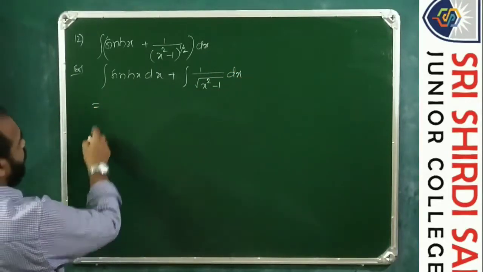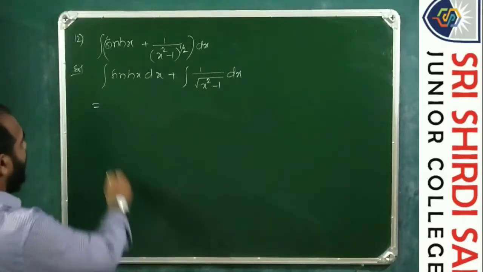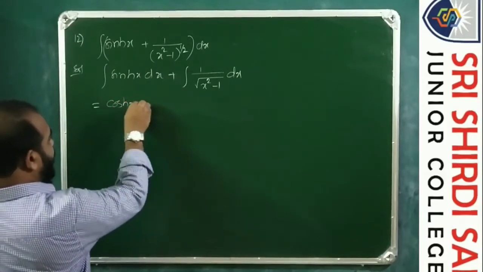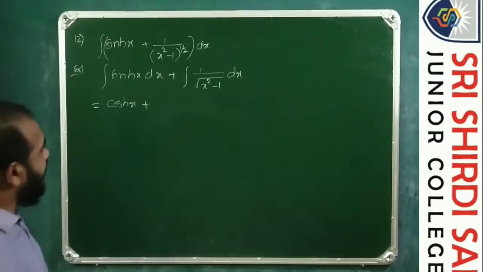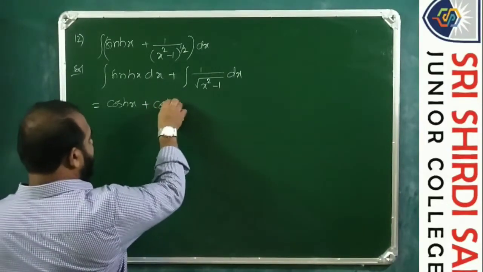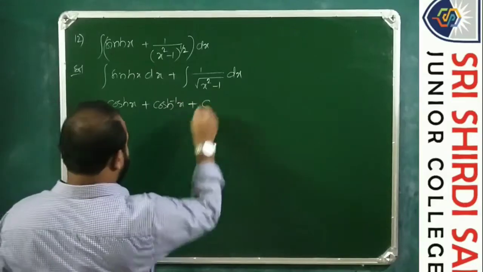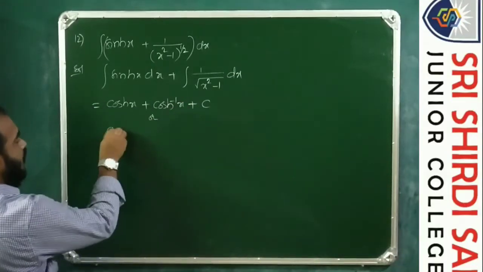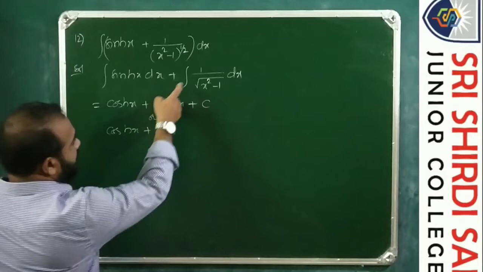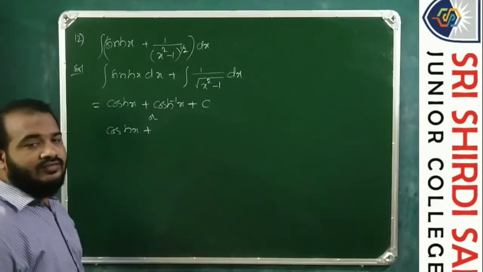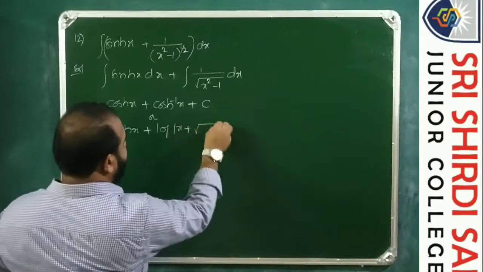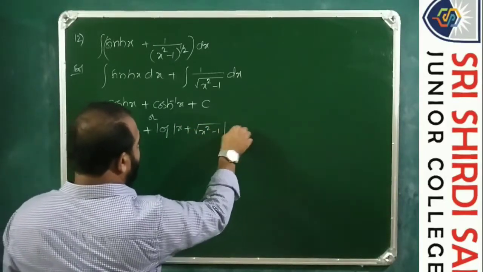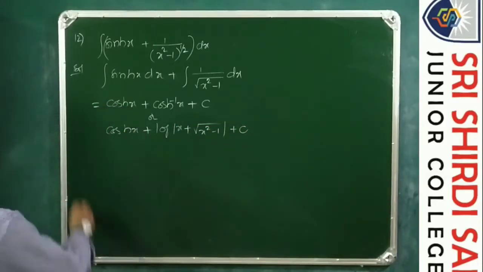So this is equal to integral sinh x dx is cosh x, plus integral 1 by square root of x square minus 1 dx is cosh inverse x plus c, or cosh x plus, this has got another formula, which is log of x plus square root of x square minus 1, plus constant of integration c.